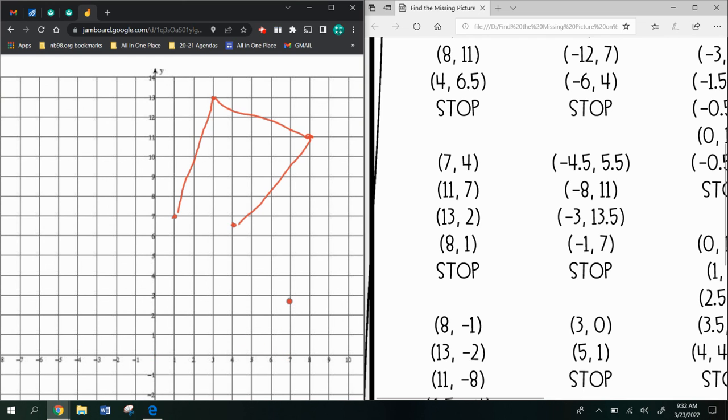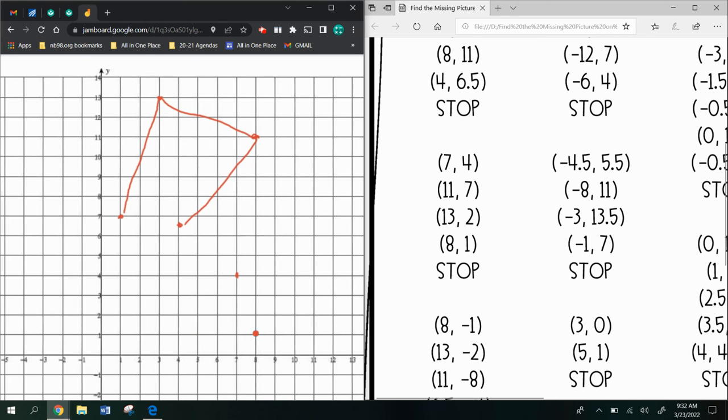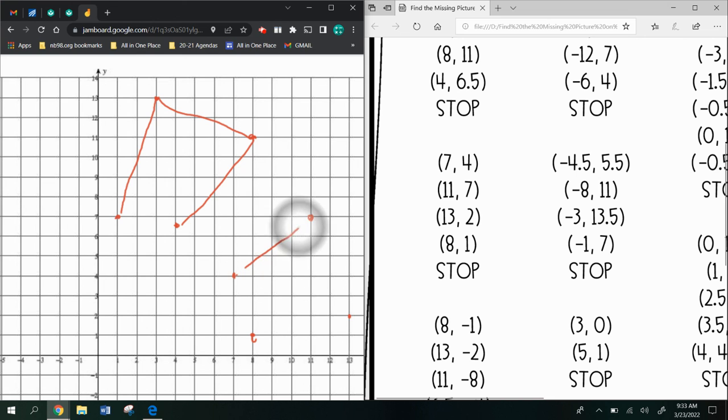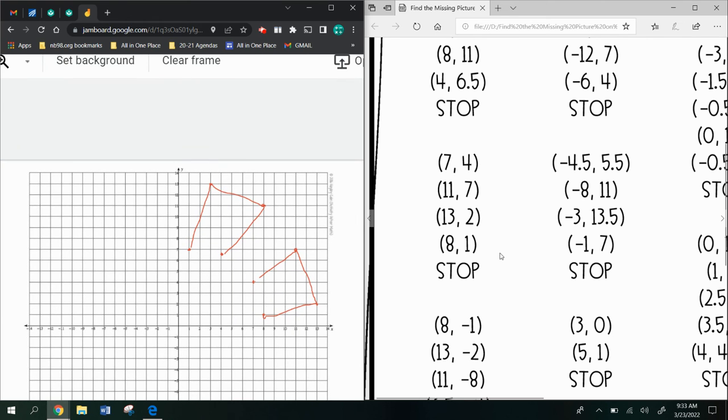So to the right 7, up 4. 11 to the right, up 7. 13 to the right, up 2. 8 to the right, up 1. And then connect those. 7 comma 4 to 11, 7 to 13, 2 to 8, 1. And then stop because it says stop. And then you keep going.